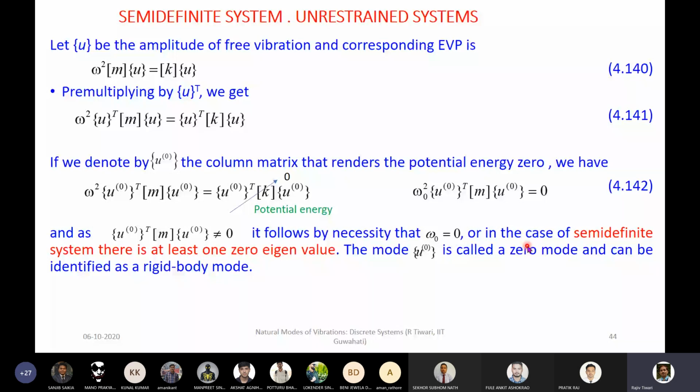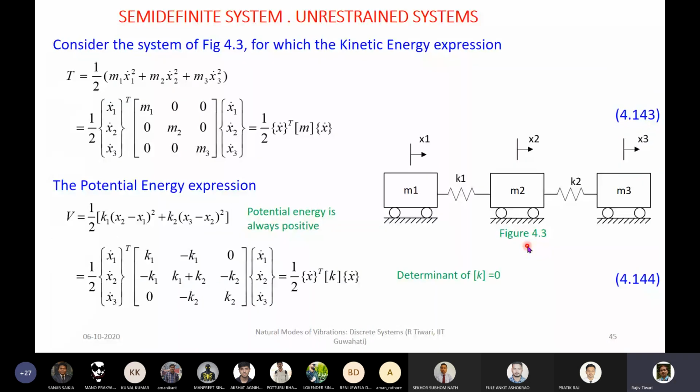I'll take up one example of the unconstrained system. The same figure is there with which we started. Here three generalized coordinates are there, x1, x2, x3, and in between there are stiffnesses k1, k2, and masses as shown. We are assuming that this body is moving in a horizontal direction.